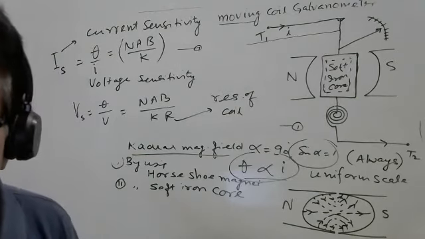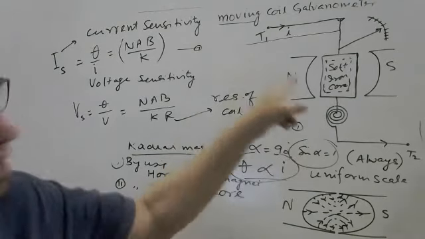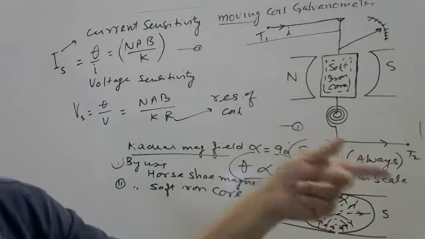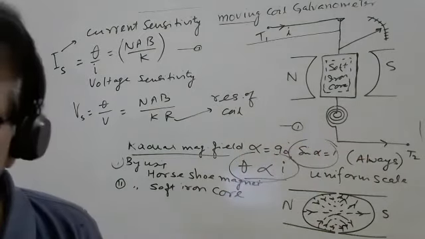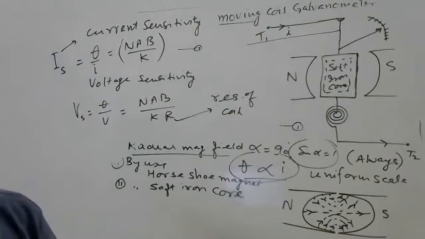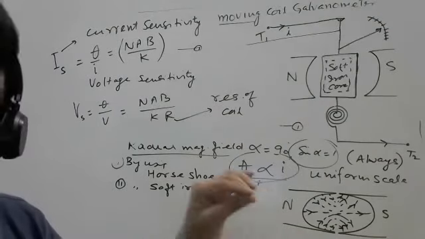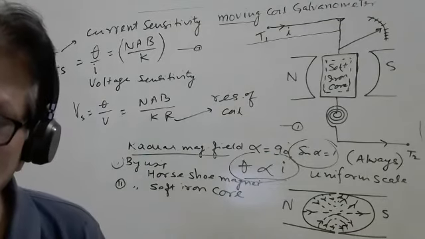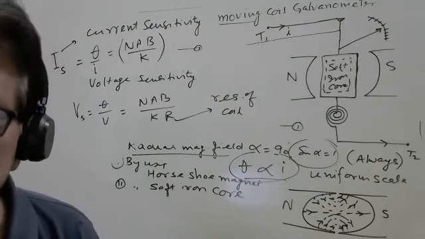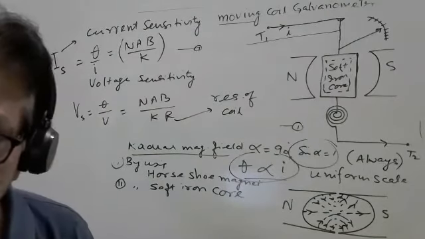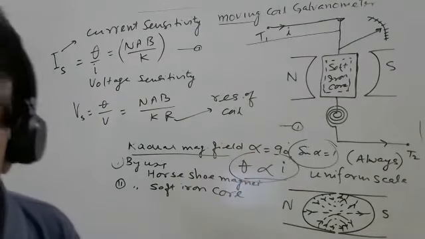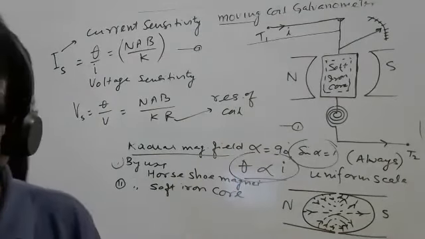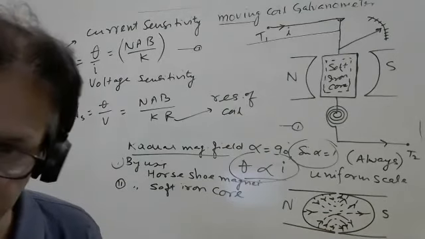We are simply converting this sensitive galvanometer into an ammeter just to measure the large amount of current and just to measure the large amount of voltage with the same galvanometer by doing some arrangements. Got it now? What will happen if we are not doing this arrangement? Suppose it is measuring 1 microampere and we are giving you 1 ampere current, 10 to the power 6 times.